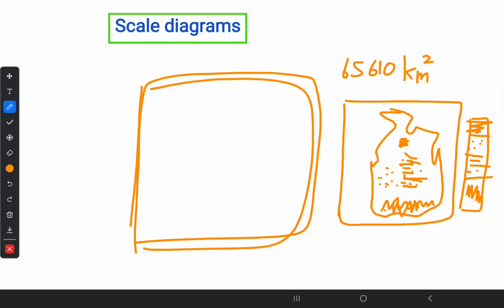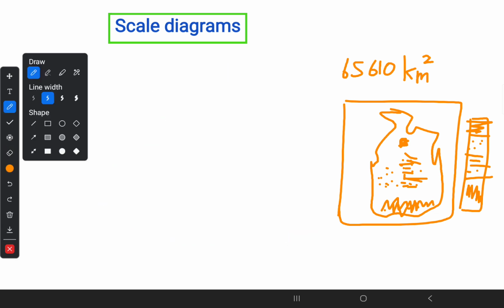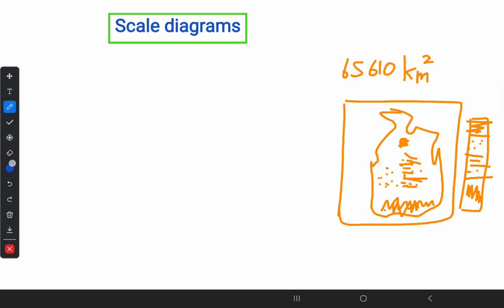A particular scale means the Sri Lankan map was drawn using the scale of 1:50,000. I will explain what is meant by this. When you have a Sri Lankan map, I am measuring from here to here, from Kalutara to here. This is just 1 centimeter.